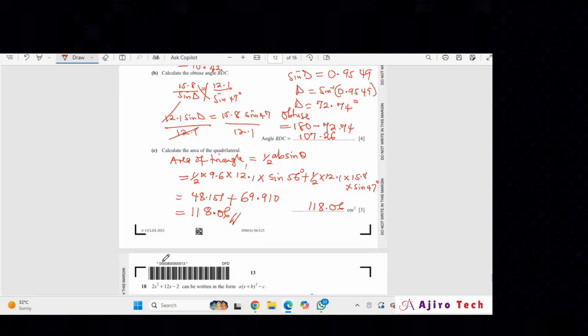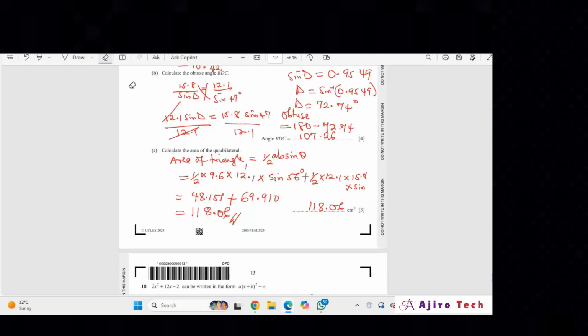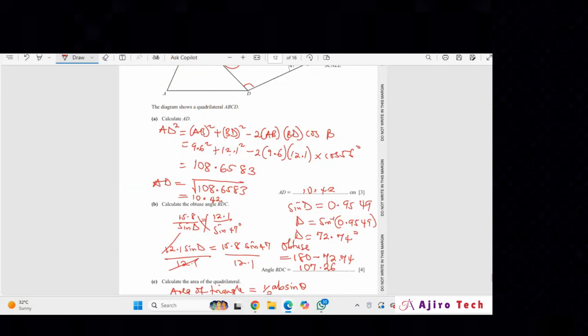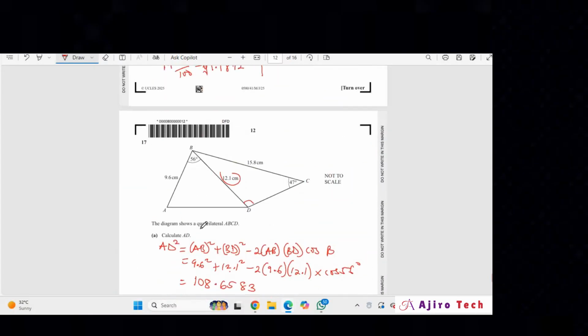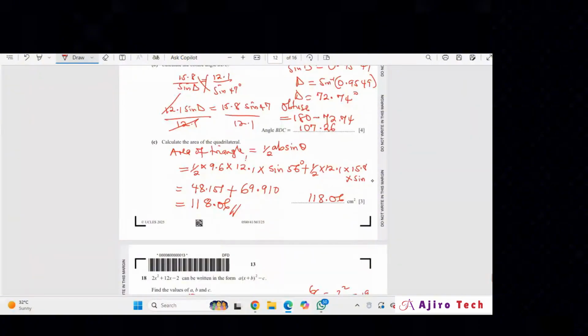Okay, I just noticed that now. It's supposed to be sine 25.7, because we're looking for the obtuse angle there. This is the angle here. It's supposed to be 25.7.